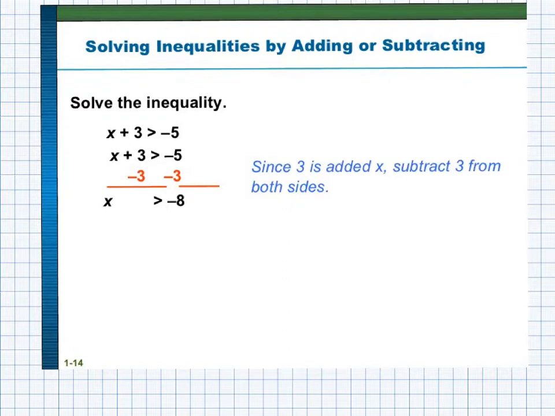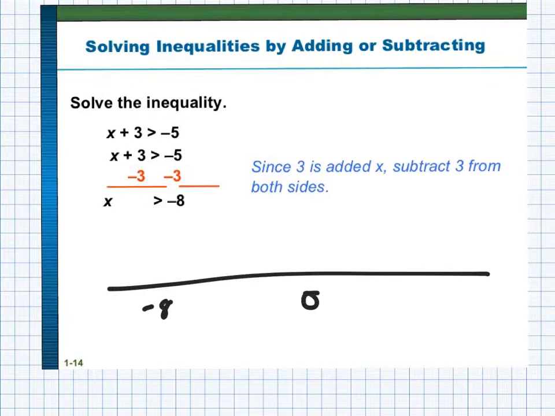And if you graphed that, you would have on your number line, if you had negative 8 here, 0 here, you're going to have an open circle going that way.